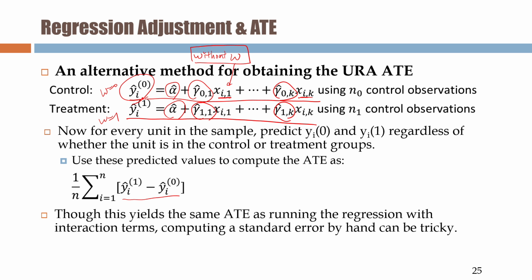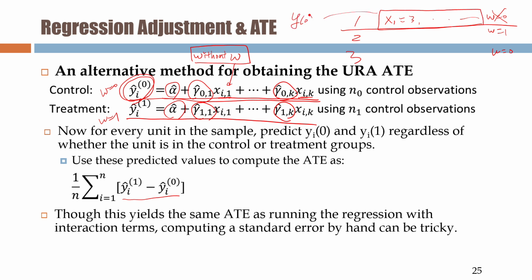Then you predict using this formula for each individual. The first person has an x1 of, say, 3, and a w of 0 or 1. Using the first person's information without w, only the other values, you can predict what y0 would be for this person, and also y1 for this person.